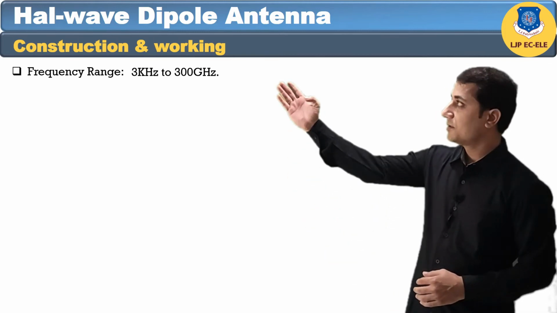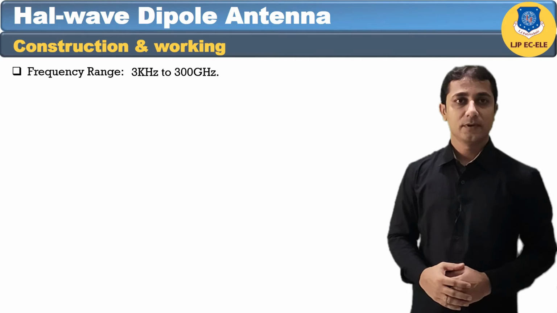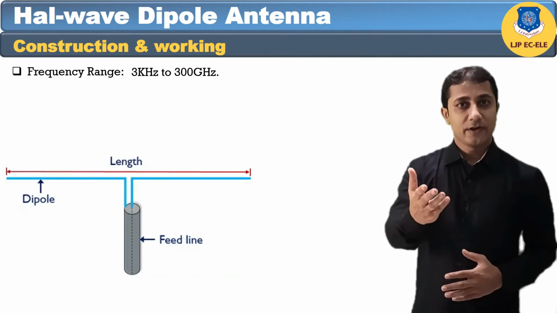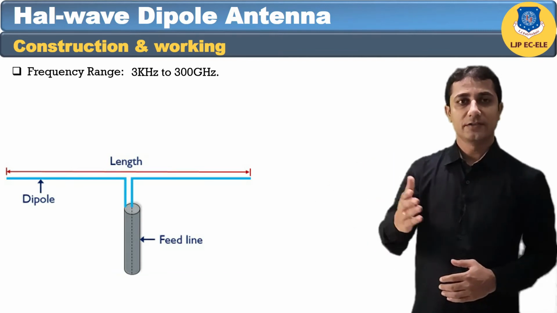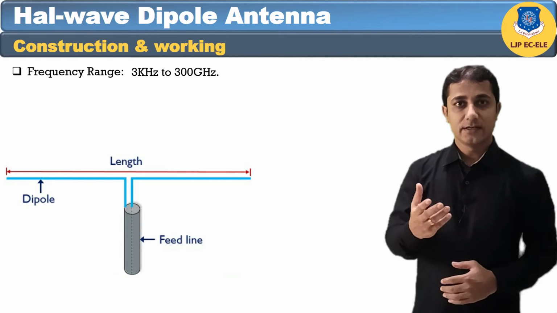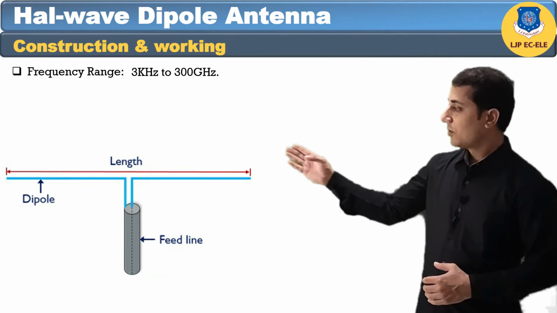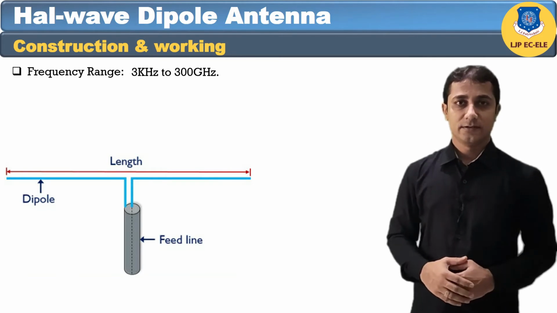Now let's see the construction and working of the half-wave dipole antenna. It is a normal dipole antenna whose length is half of its wavelength. Hence, it is called a half-wave dipole antenna. The edge of the dipole has maximum voltage.